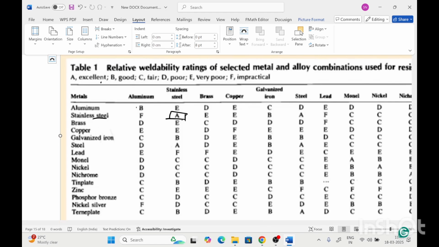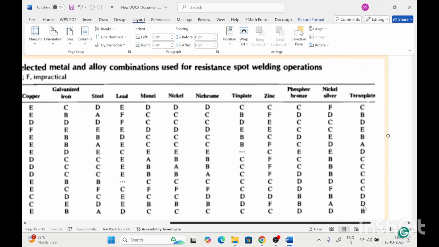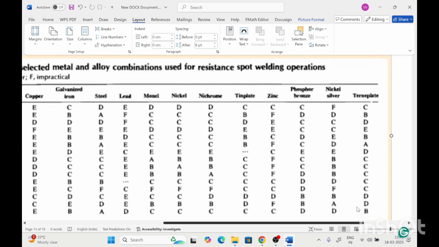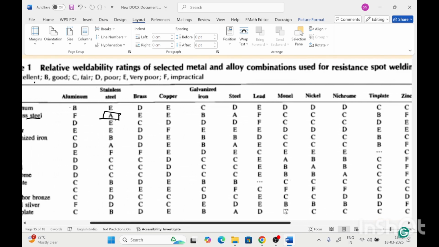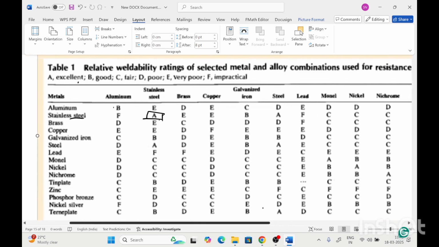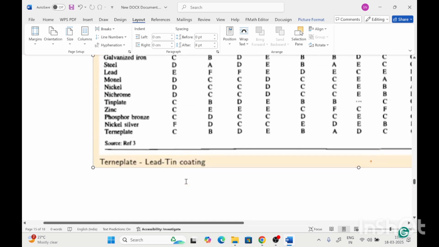So if you want to join two similar or dissimilar metals, we can refer to this table for our purpose. It is for almost all metals: nickel, silver, zinc, tin plate, nichrome, monel, steel, lead alloys, galvanized iron, copper, brass, aluminum, and steel.